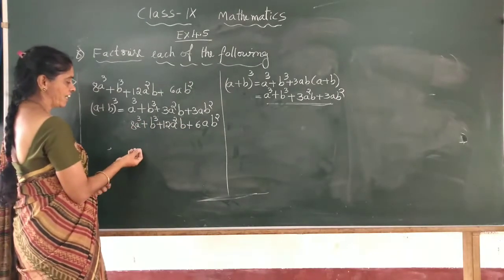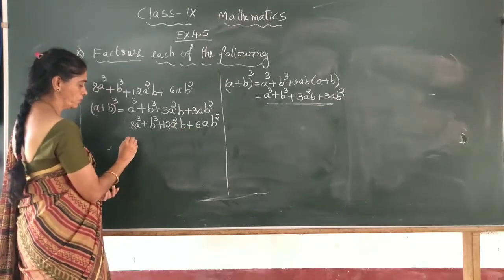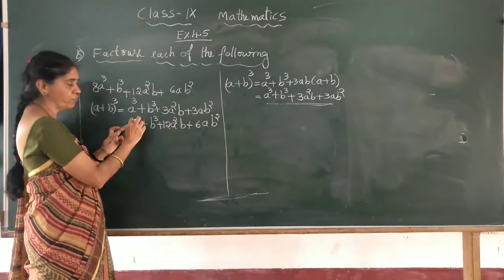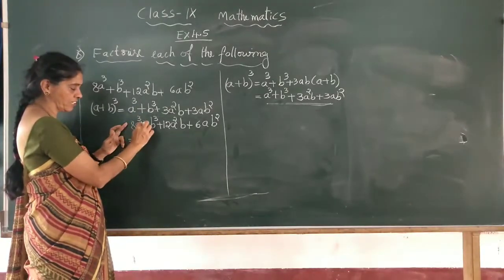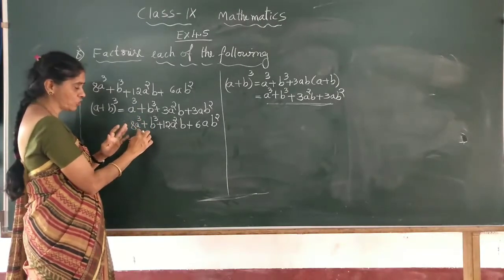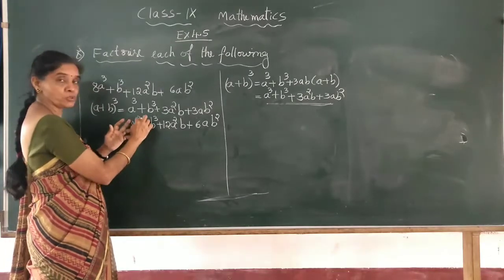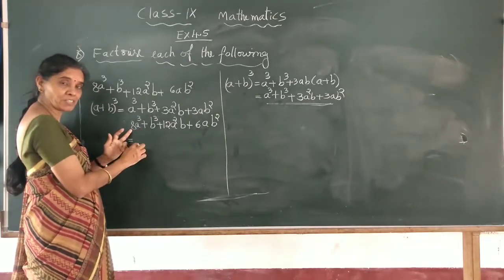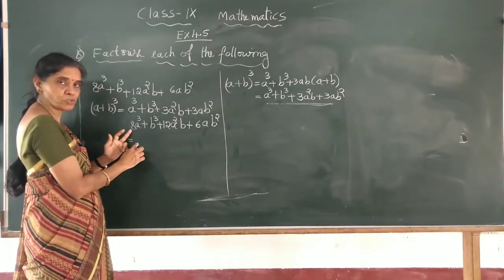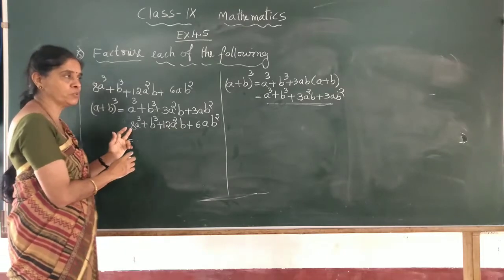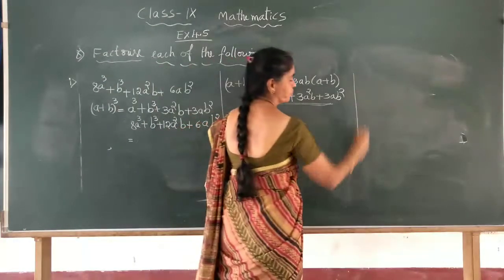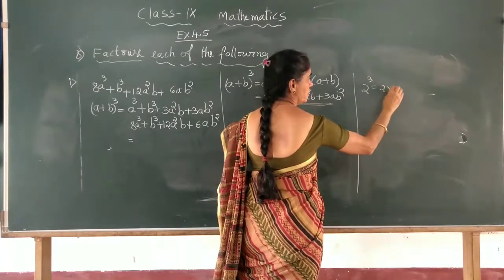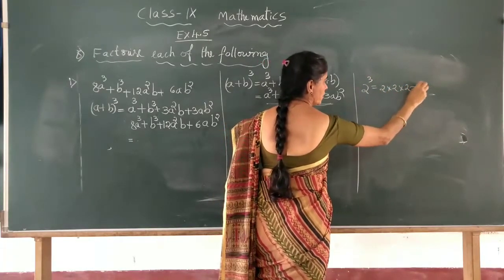Now what we can do, this is equal to, now you have to write the cube form. The whole single entity you have to use, so that its cube will become 8a cube. Which arithmetic number's cube is 8? 2 cube, which is 2 into 2 into 2, equal to 8.